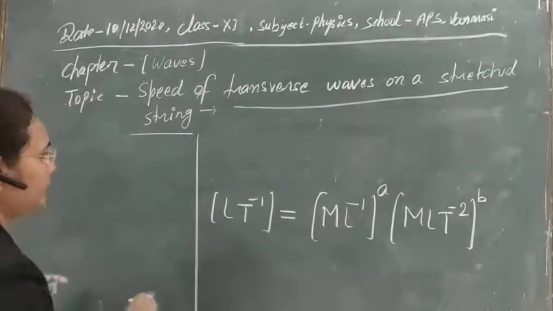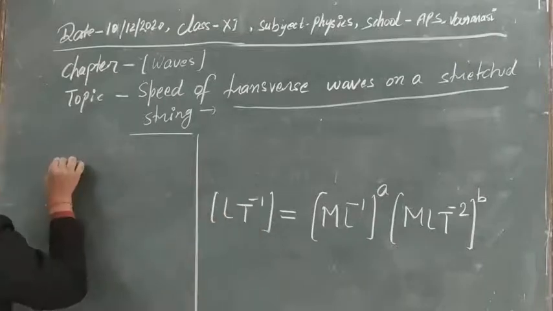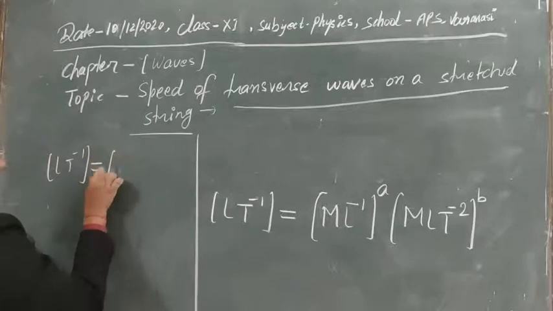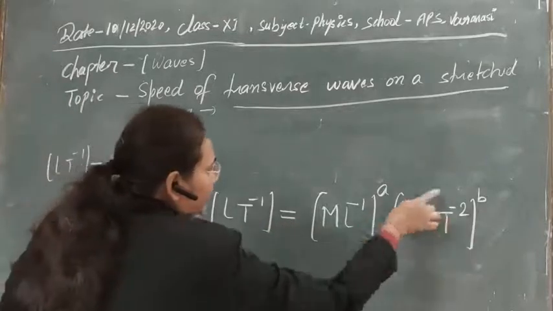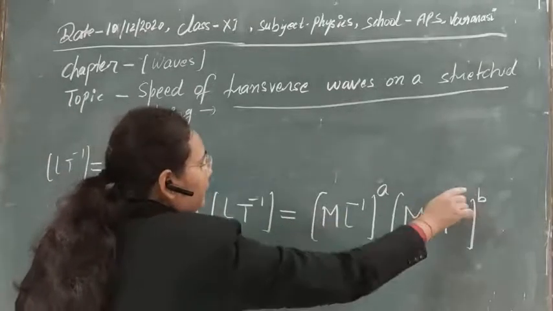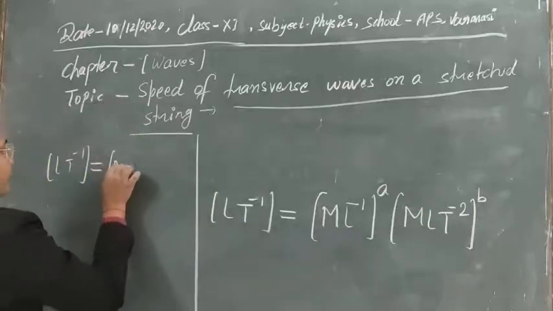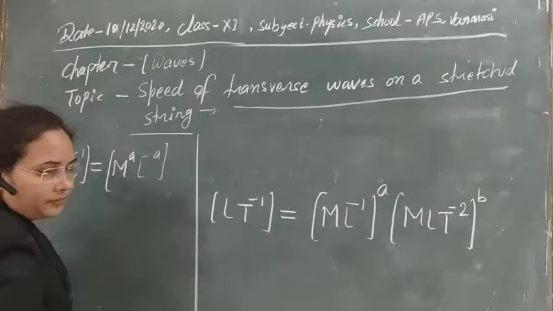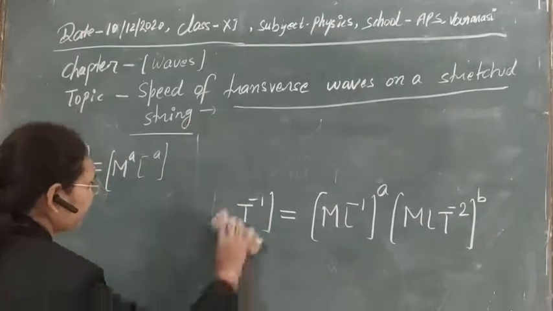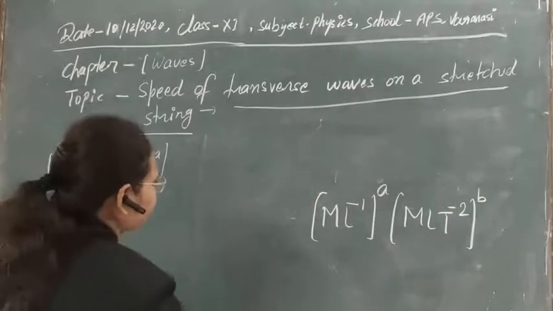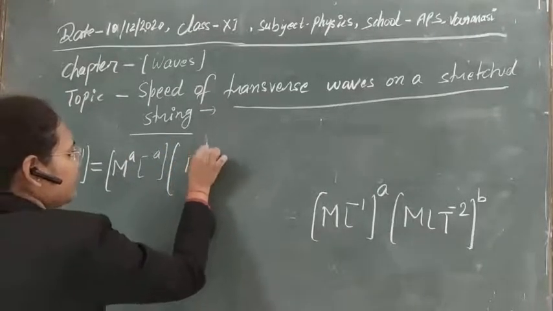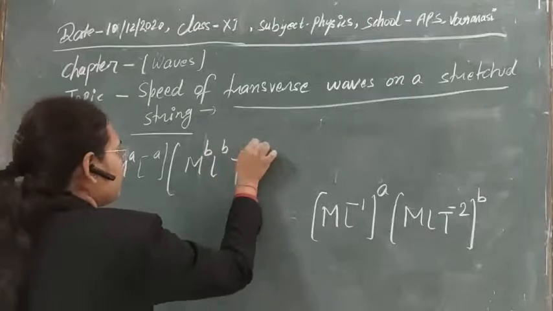Just solve this side. This will be equal to L T^-1, and this will be equal to, just take here M power a, and this will be M power b. So first of all, let's write it in this form: M^a L^-a, and M^b L^b T^-2b.